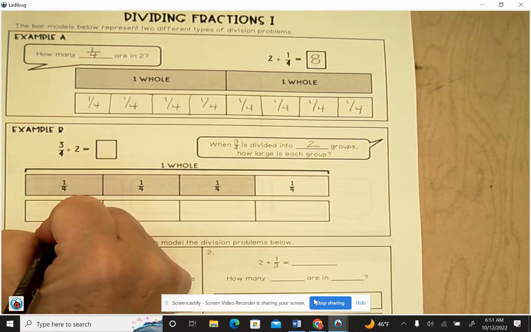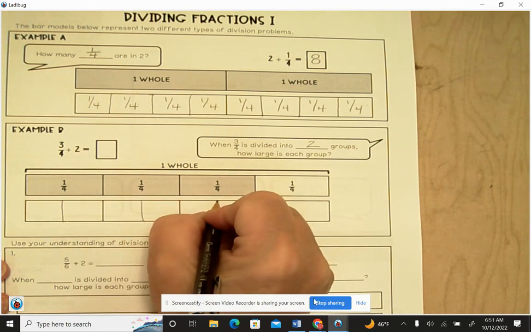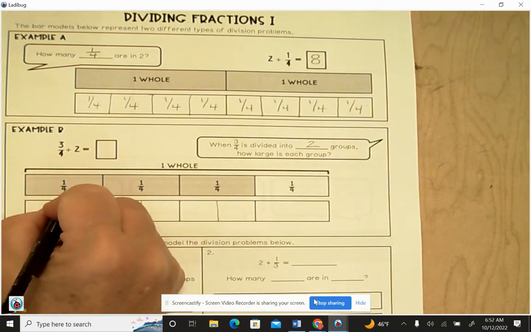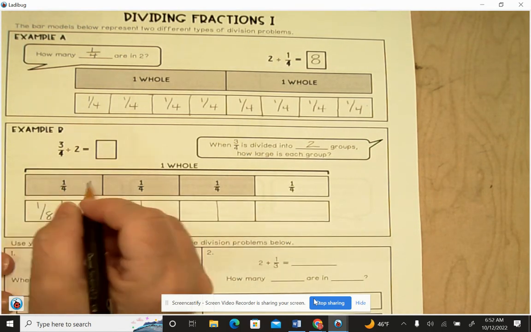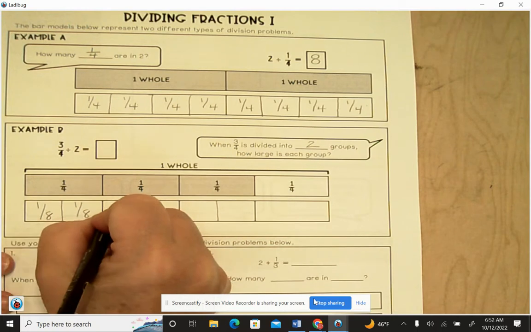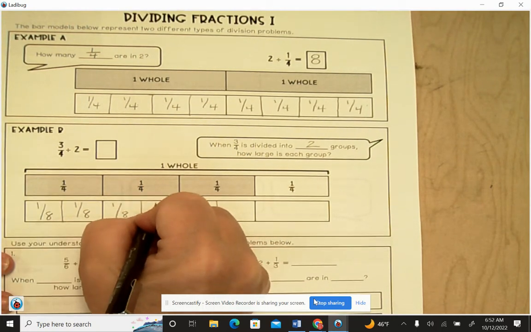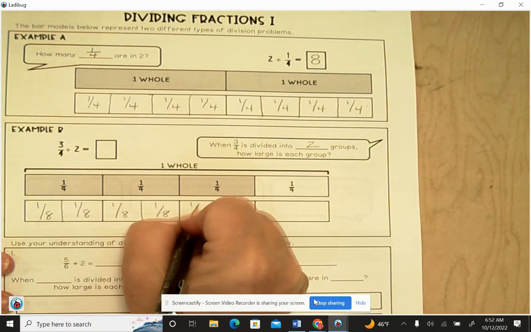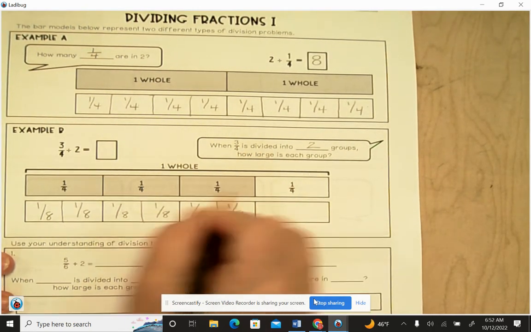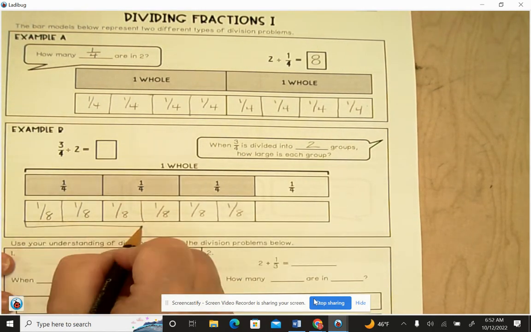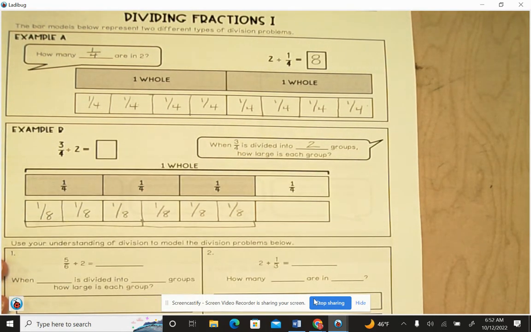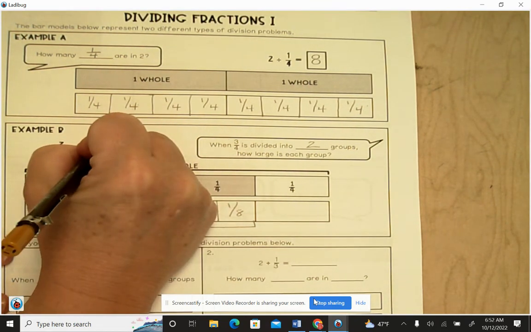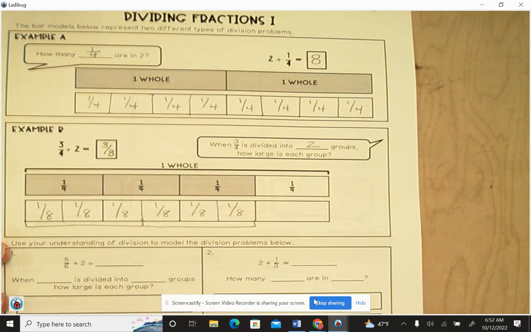So each fourth is divided into 2 groups, and we know that 1/4 divided by 2 is 1/8. And we're going to divide it into 2 even groups. So 3/4 divided into 2 groups is 3/8.